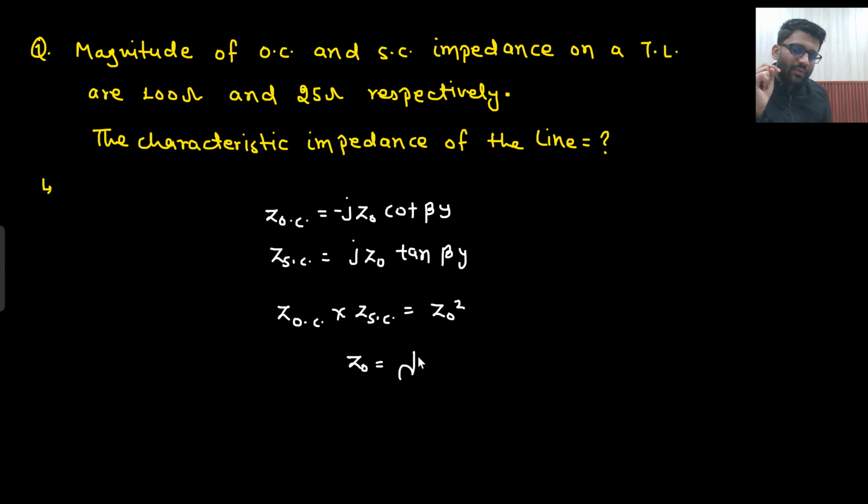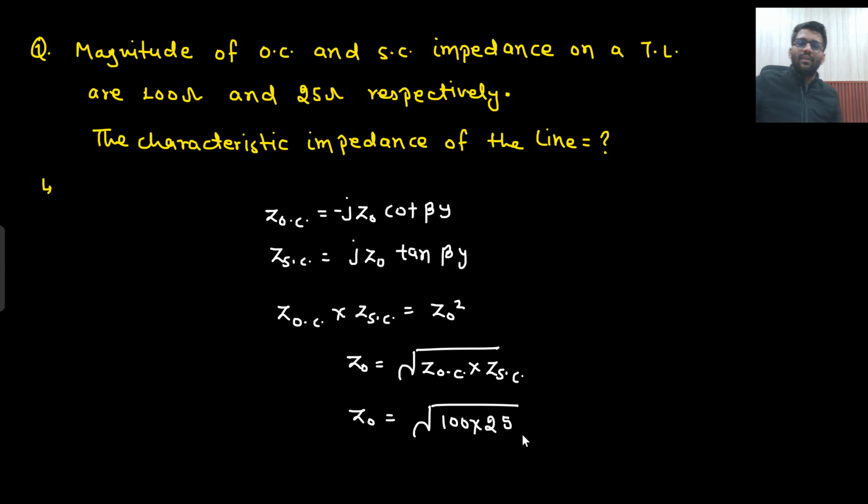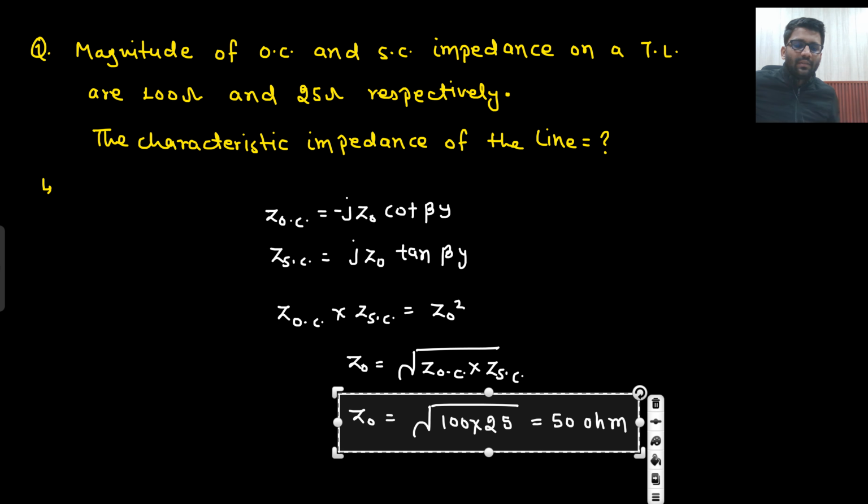Z naught is equal to the square root of Z open circuit into Z short circuit. They are asking the characteristic impedance, so 100 into 25, whatever we get, 5 into 10, 50 ohm. That's it.